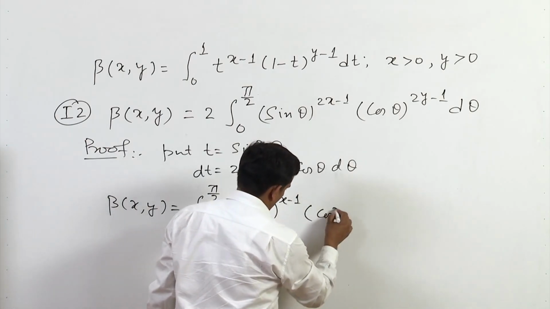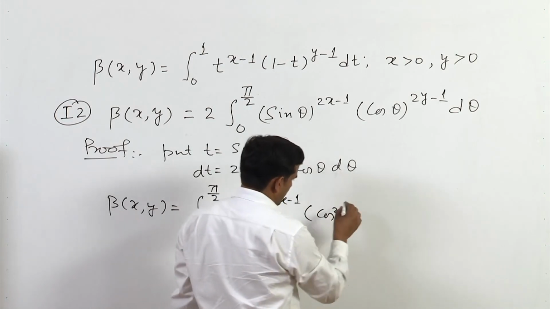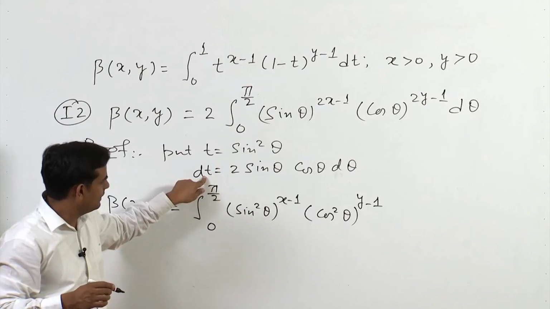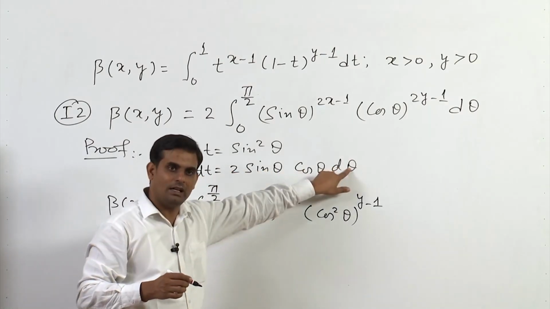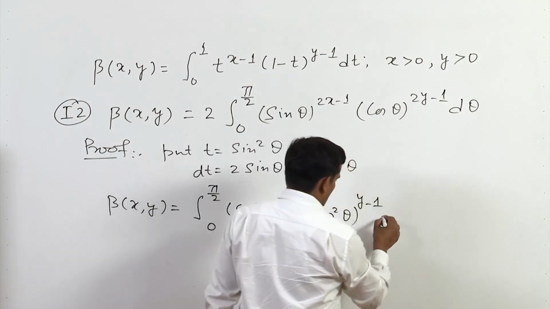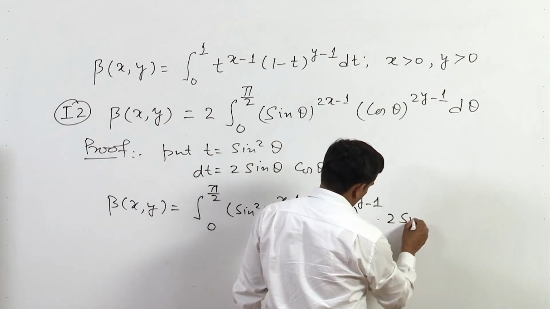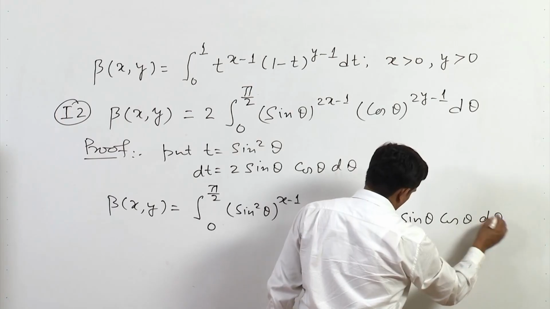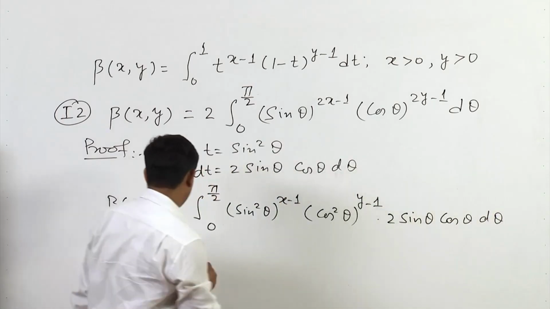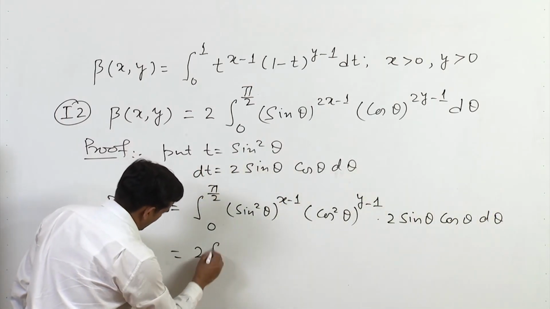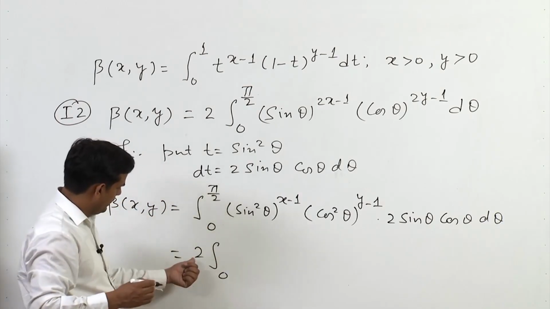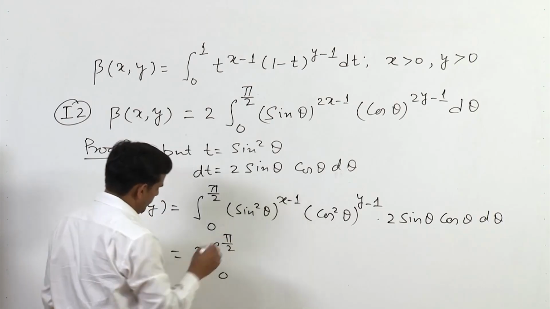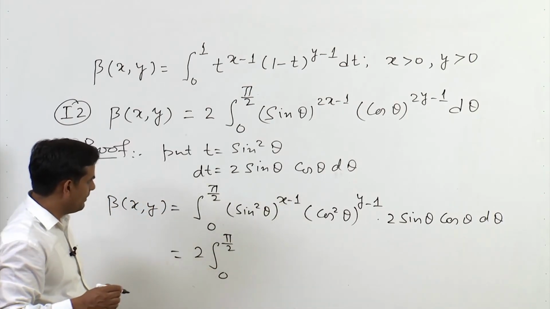So, cos square theta raised to power y minus 1 and then dt. dt is 2 sin theta cos theta d theta. So, into 2 times sin theta cos theta d theta. I have taken the 2 in the beginning outside the integral. So, 2 times the integral over 0 to pi by 2.